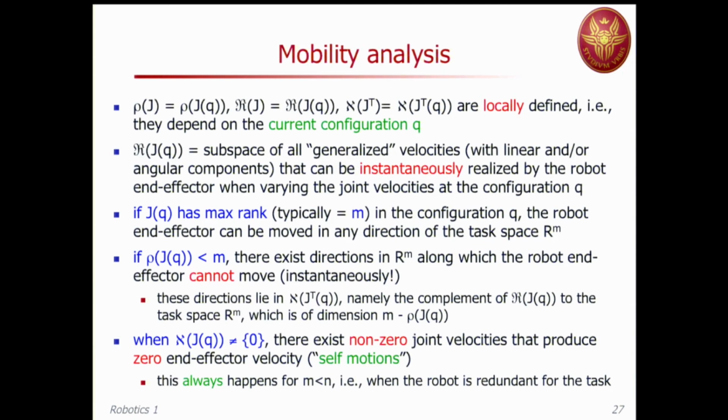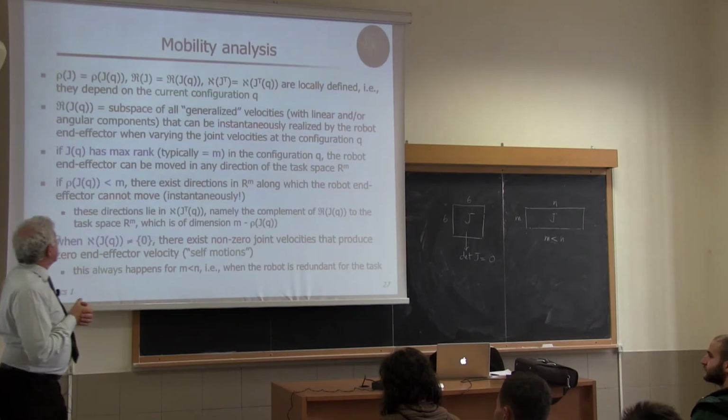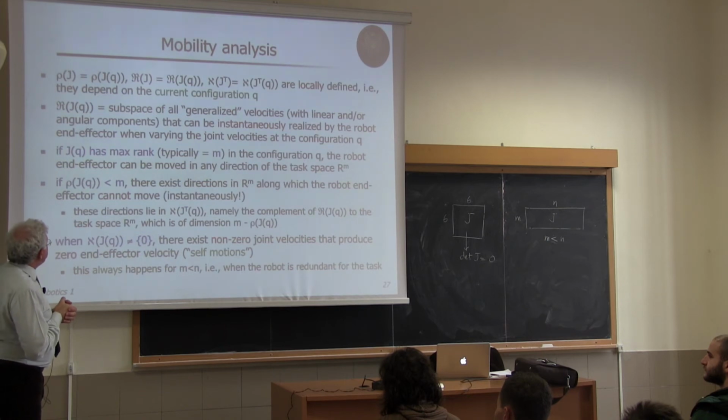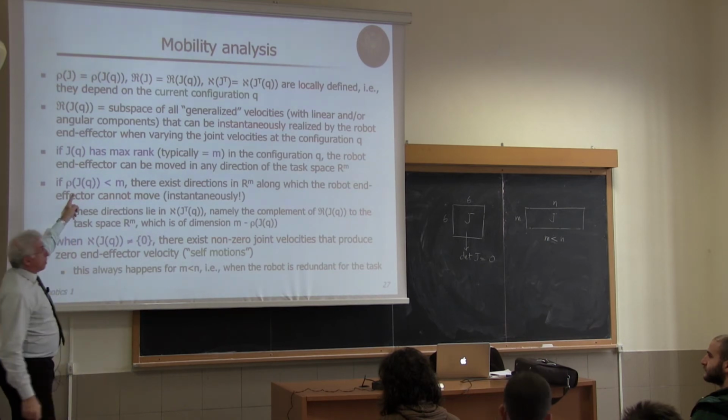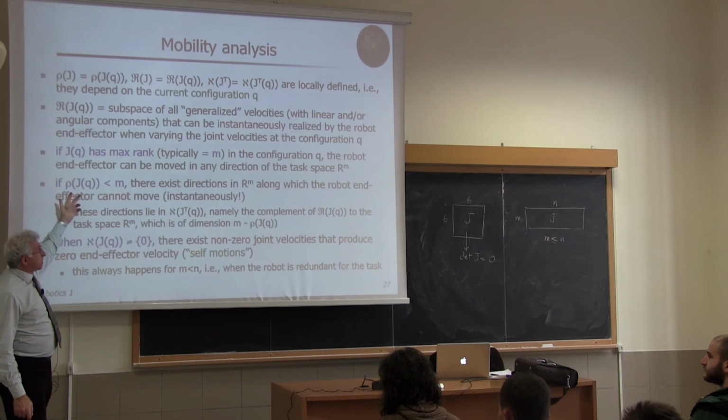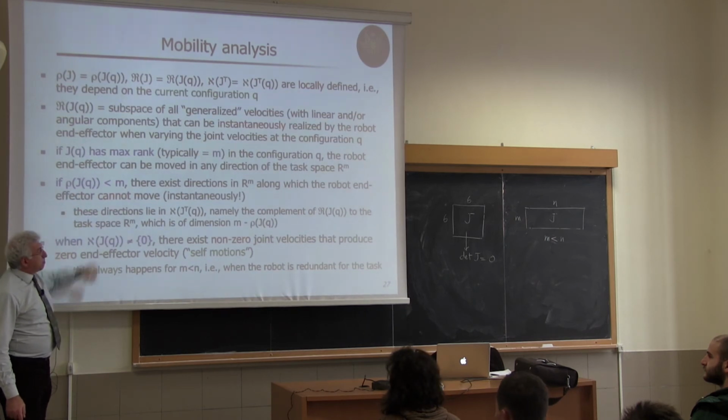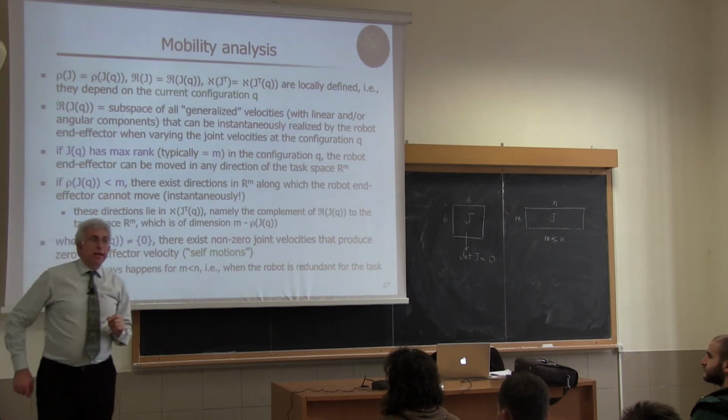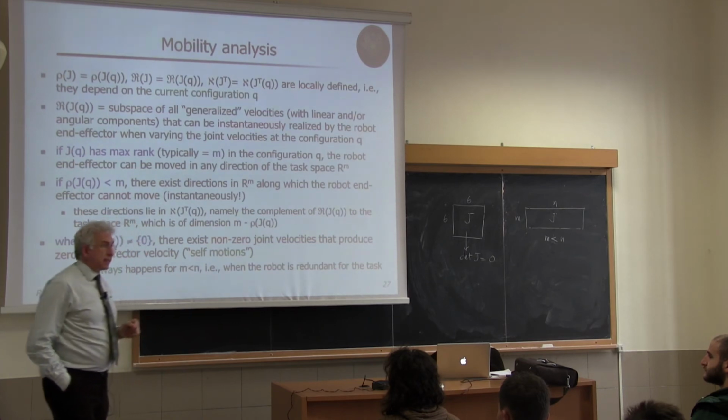So the range of J is the set of all generalized velocities, because I don't know if they are linear, angular, whatever they are, that can be instantaneously realized by choosing an appropriate value of the joint velocities. If we have a loss of rank, we are in a singular situation, and that means there exists some direction where we cannot move instantaneously.